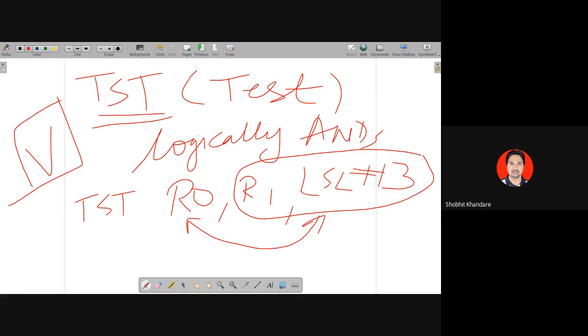Okay, so this instruction will logically AND your R0 and left shift content of R1 by 3-bit position and update the flags in CPSR. आपको पता है आपका फ्लैग CPSR में होता है.